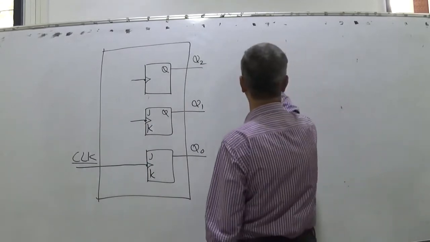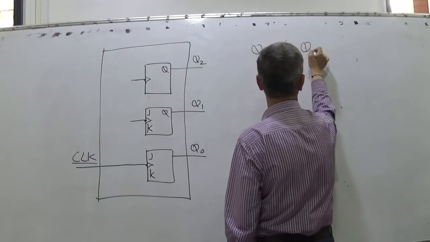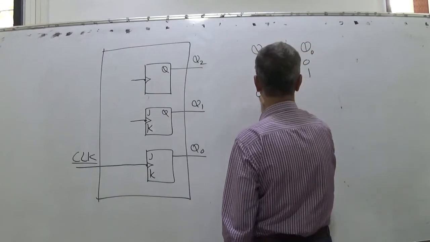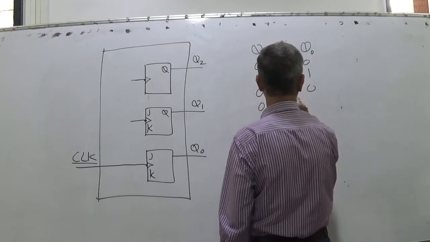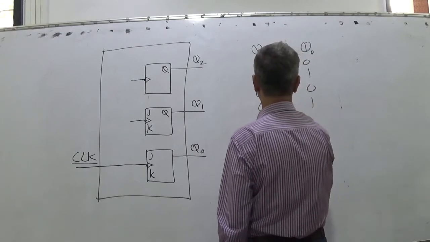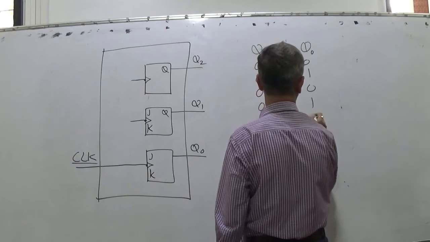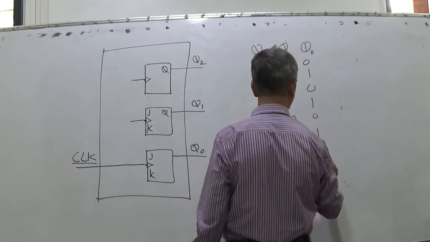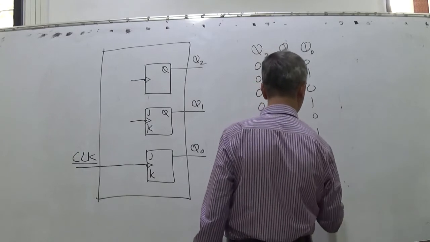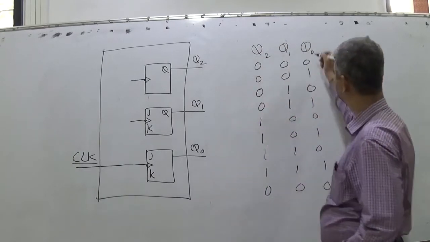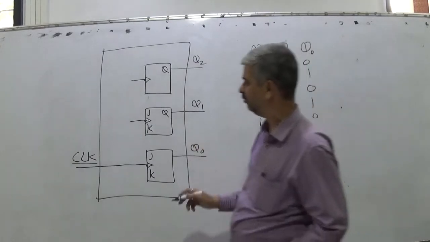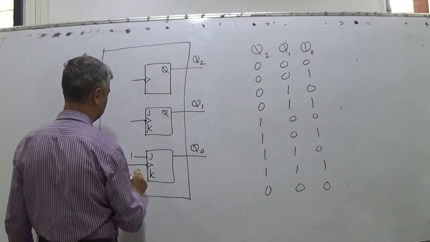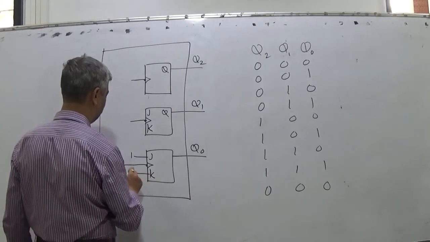And then, if I want a 3-bit up counter, Q2, Q1, Q0: 0 0 0, 0 0 1, 0 1 0, 0 1 1, 1 0 0, 1 0 1, 1 1 0, 1 1 1, 0 0 0. So Q0 should always toggle, so I give the clock to Q0 and I keep J and K of this flip-flop as 1.